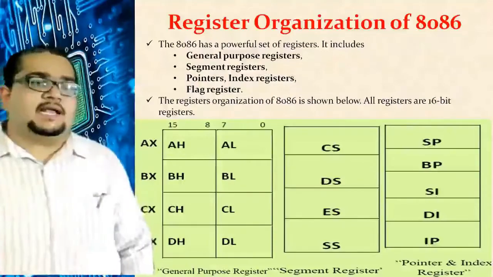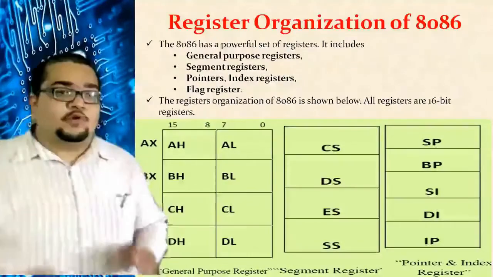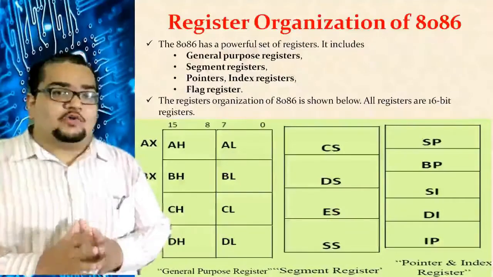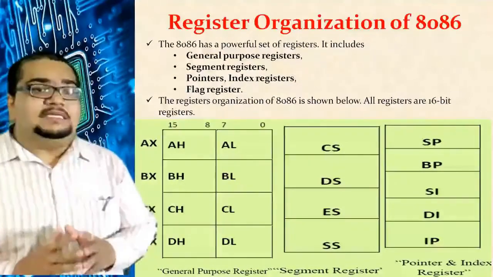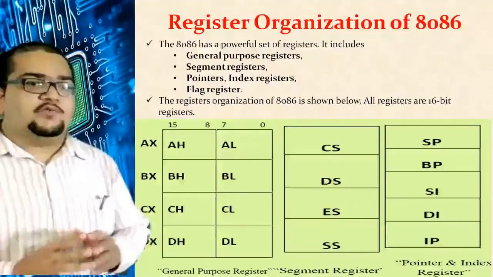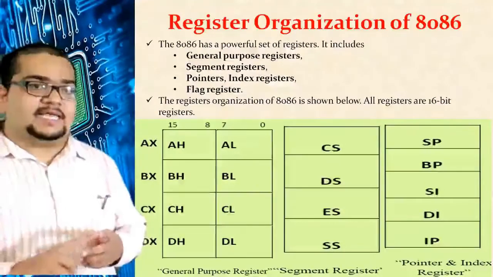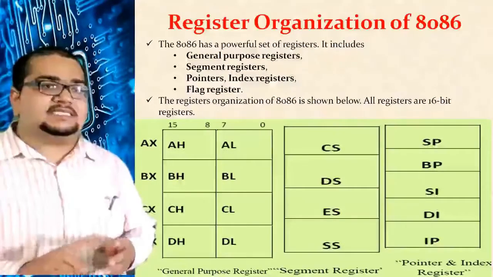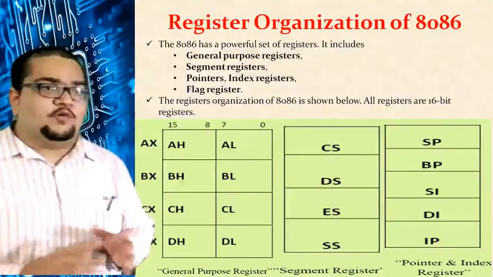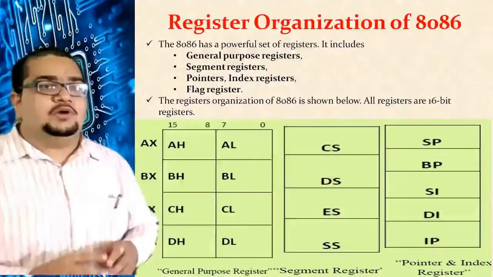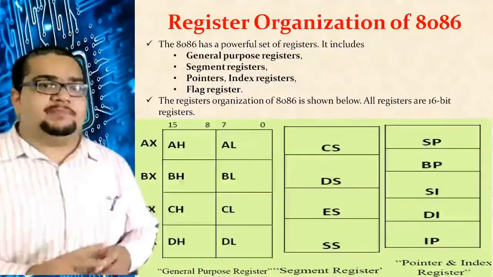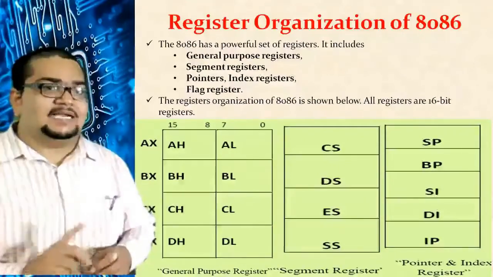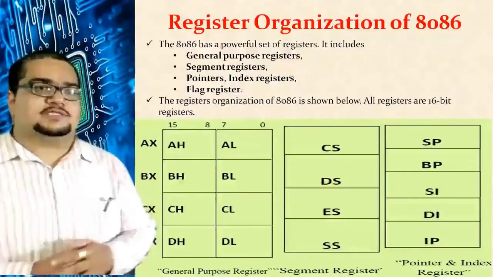As you can see, I have told you that there are a total of 14 registers in 8086, out of which you can see 13 here: 4 general purpose registers, AX, BX, CX, DX. Another 4 are segment registers, CS, DS, ES, SS. 4 and 4 is 8. Then we have 2 pointers, SP and BP, 2 index registers, SI and DI, and 1 instruction pointer.